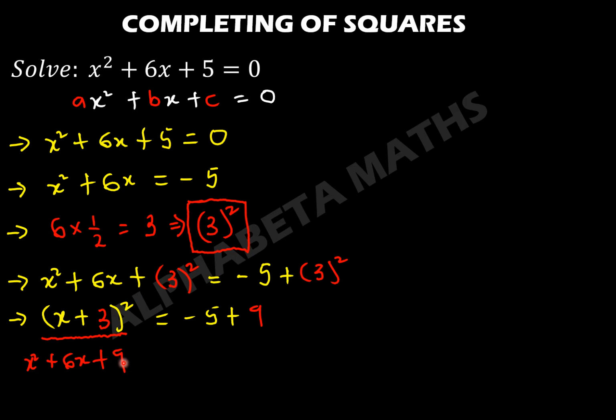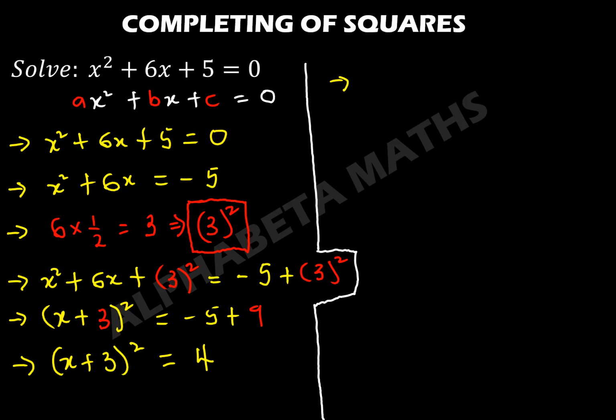So anytime you are able to resolve it into this form, your next expression is going to be a perfect expression. So we can now continue from here. Now we have x plus 3 all squared equals negative 5 plus 9, which gives us 4. So x plus 3 all squared equals 4.